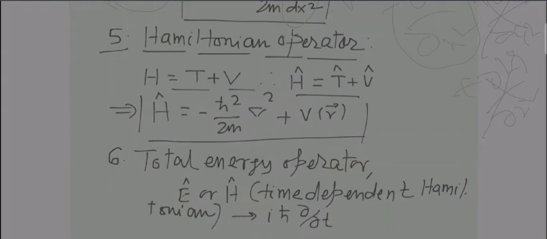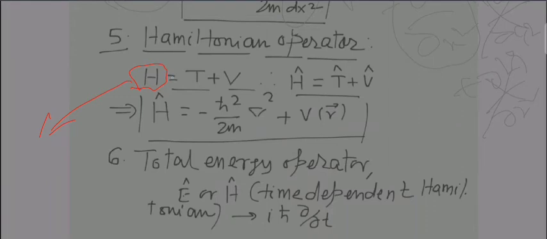A conservative system means that the total mechanical energy of the system remains constant. H is the total mechanical energy of the system, and it is independent of time. This Hamiltonian operator will work when your mechanical energy remains independent of time.